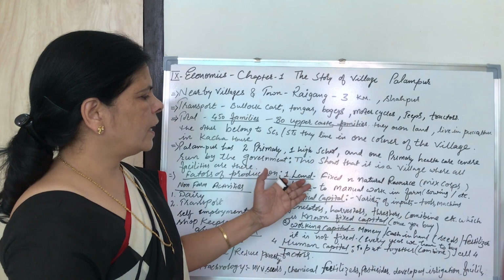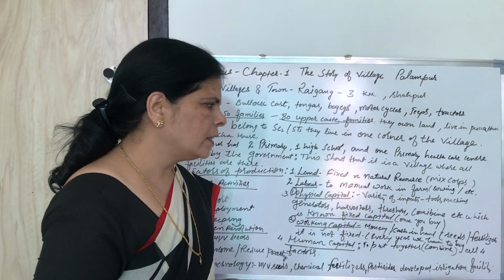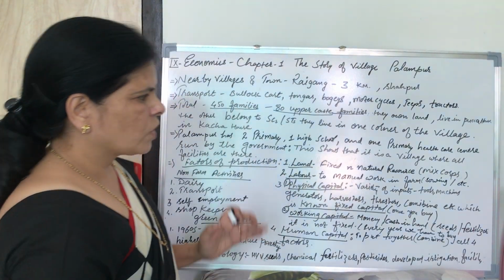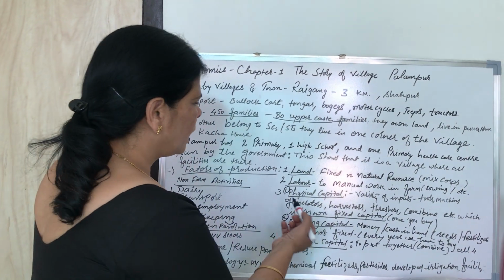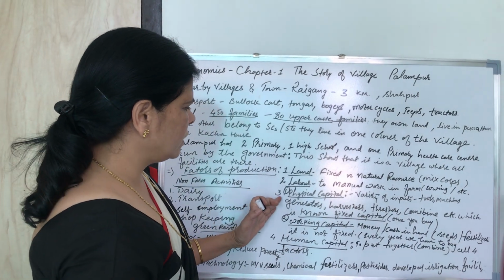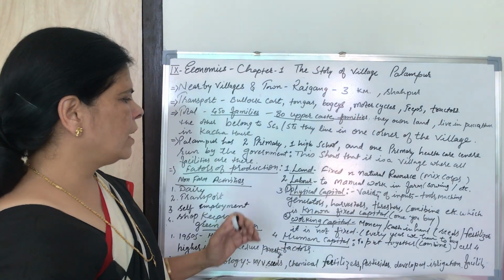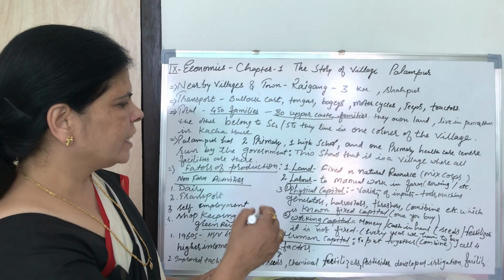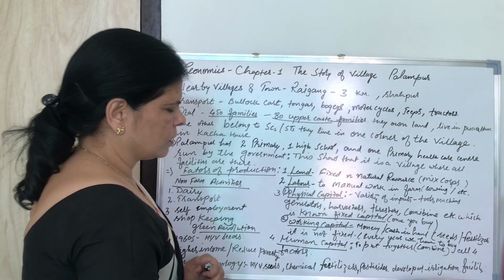Then another factor is labor. We know that all types of manual work, farming work like sowing, cutting, etc., will be done by labor. Another factor is physical capital. Whenever we are doing any production activity, we need physical capital, like a variety of inputs.